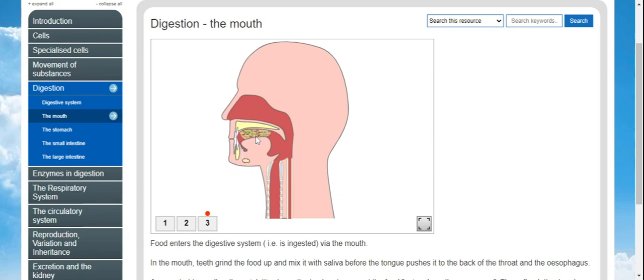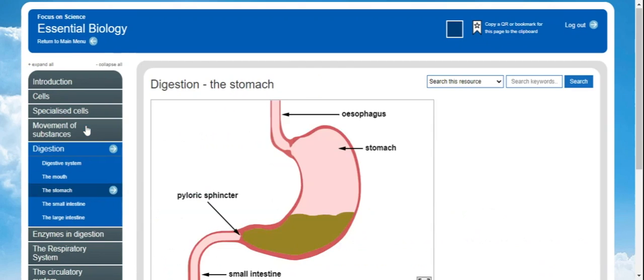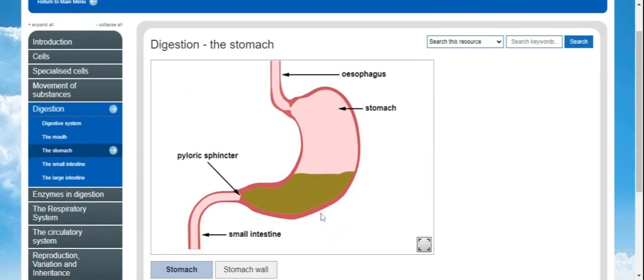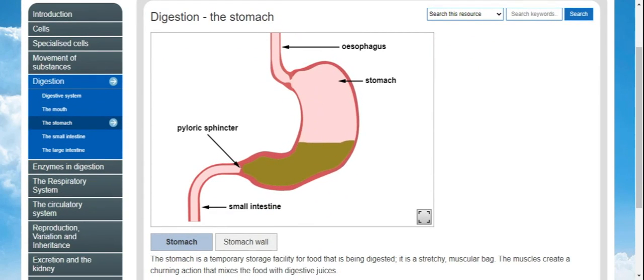Therefore, the food will become moistened and will become what is called the bolus and go through the esophagus to the stomach thanks to peristaltic movements, which are contractions of the esophagus wall that push down the food to end up in the stomach, where the digestive process continues thanks to the hydrochloric acid.